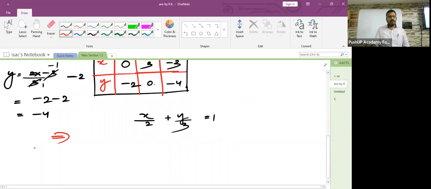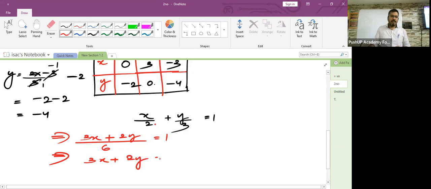So what is the LCM of 2 and 3? 6. Very good. 6 upon 2 is 3. 3 into x is 3x. Put the plus sign. 6 upon 3 is 2. And 2 into y is 2y, which is equal to 1. So this implies 3x plus 2y is equal to 6 into 1, which is 6.